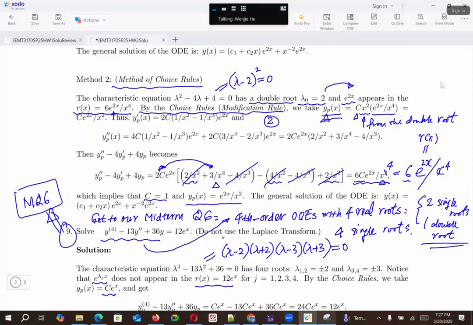So adding together, including the multiplicity, you get a total of 4 roots, including the multiplicity.